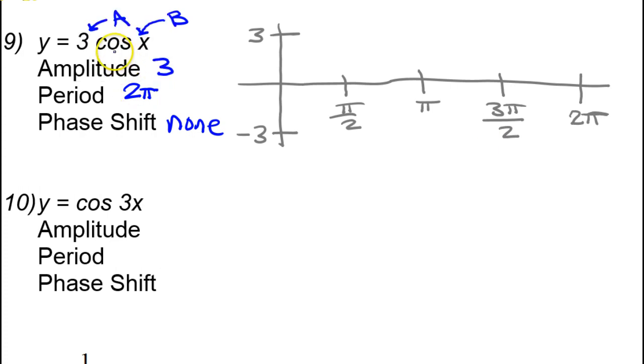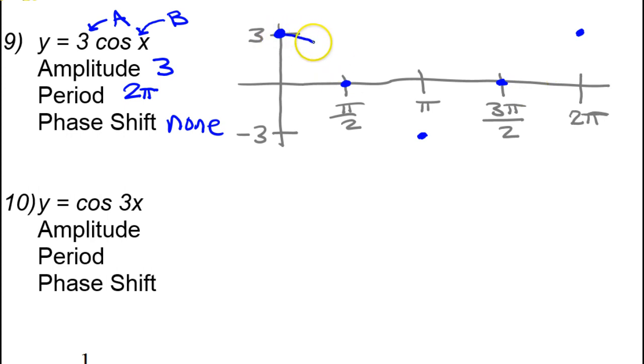Now this is a cosine function. So the cosine function starts off up high at its maximum value, and then it falls from there. So it should start off here, and then it should fall to the midline. And then here it falls to its lowest value, and then back to the midline. And then at the end of this period, it's back up at its highest value.